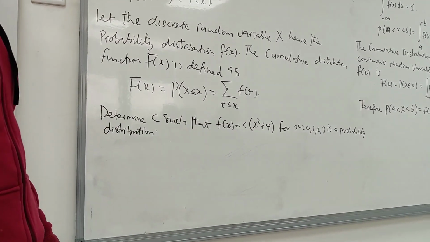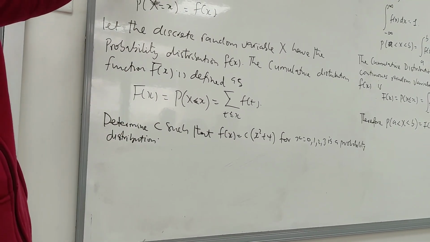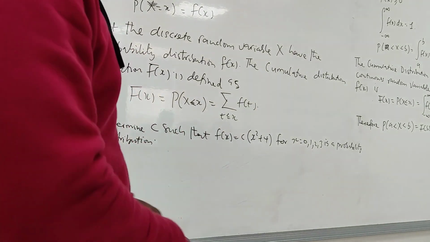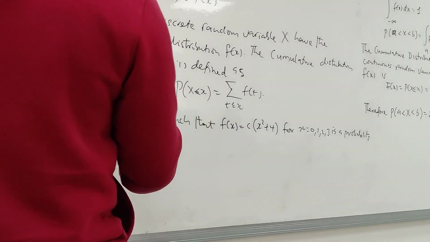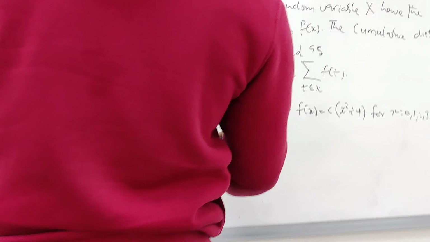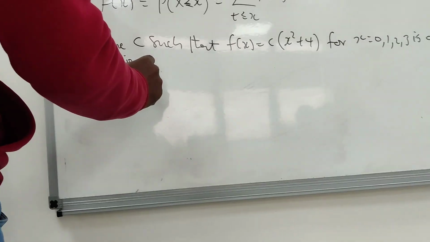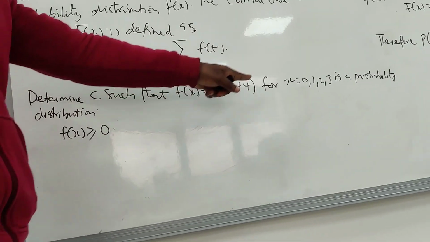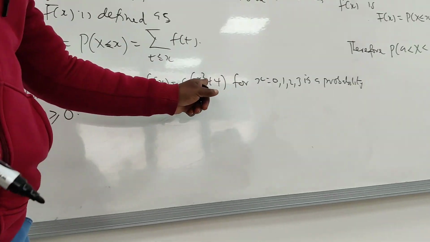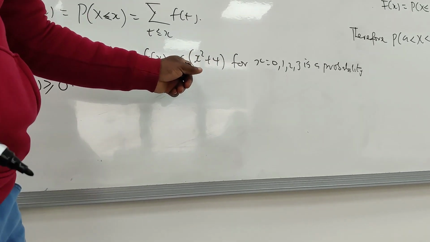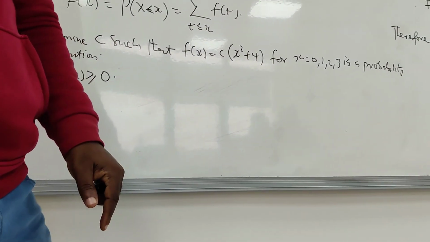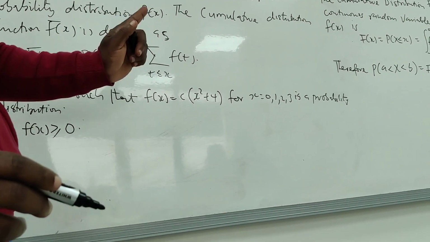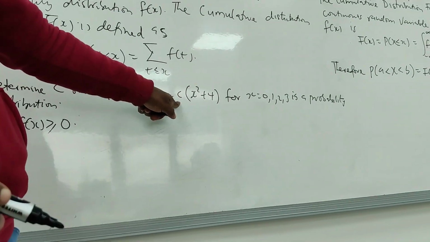Now, we are going to follow all these conditions in order to get the value of c. You will agree with me that f of x is greater than 0. It starts from 0. If you plug in 0 here, what you will have is 4c. 4c is greater than 0. The only condition whereby 4c can be 0 is when c is 0.